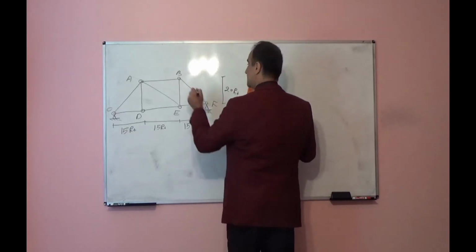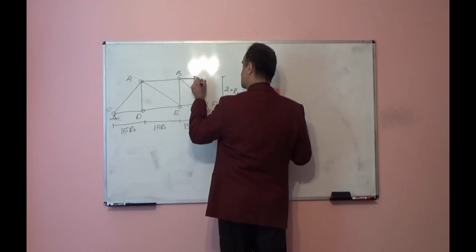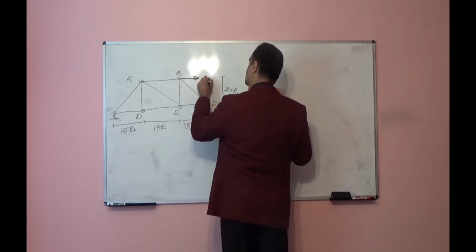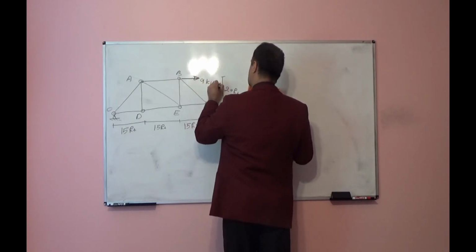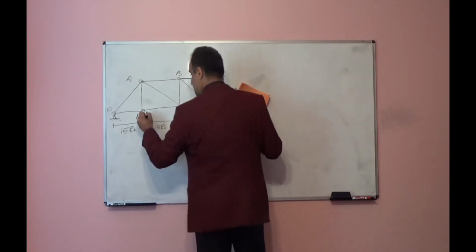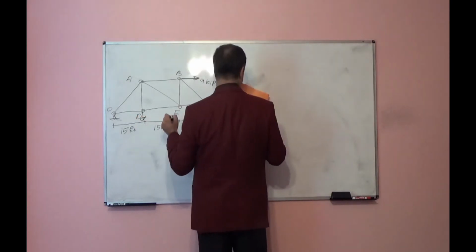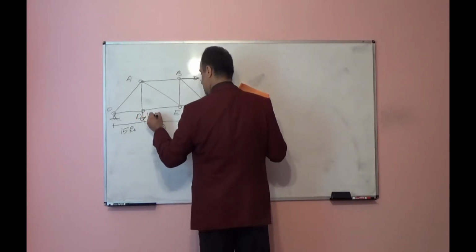Loads: we have one external load here, it is 9 kips. Another external load is here, downward, it is 18 kips.